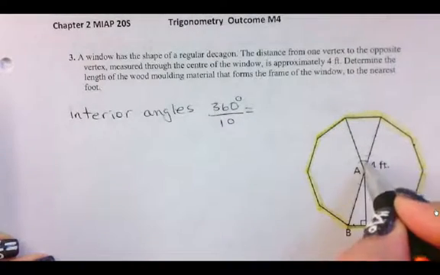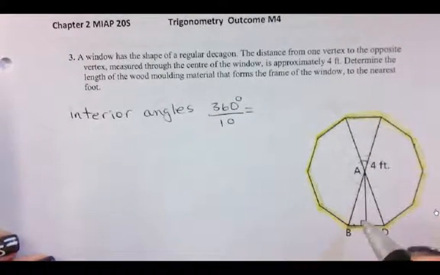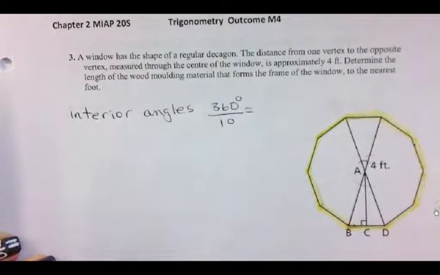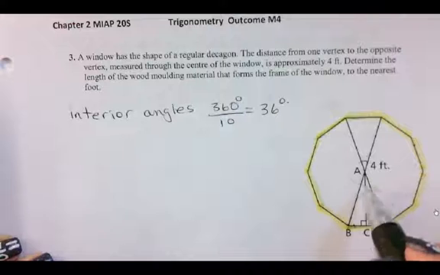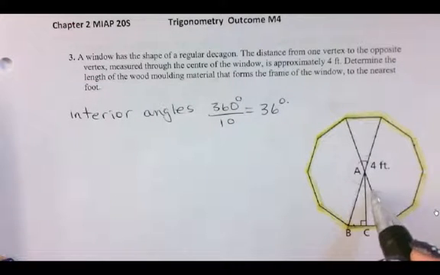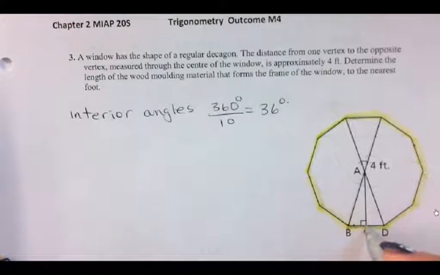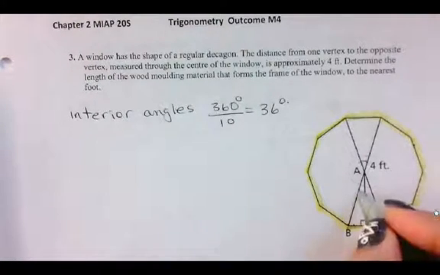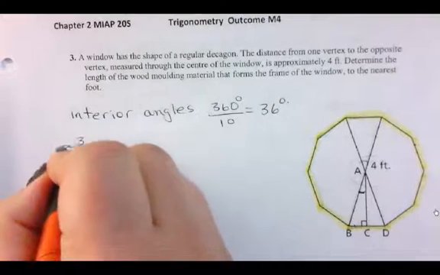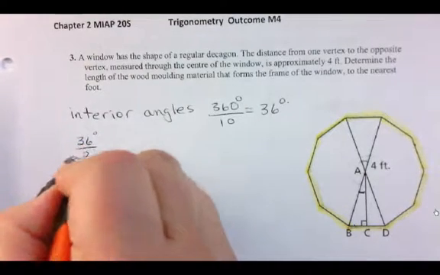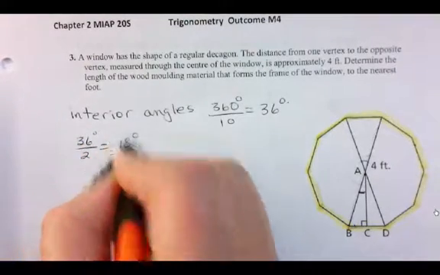So what is each of these triangle corners going to be? 36 degrees. Now we're going to look over here at this bottom triangle and notice that they've divided it up into a right angle triangle. So then what is this little sliver corner angle going to be here? 18. So that's going to be 36 degrees divided by 2, so that's going to be 18 degrees.